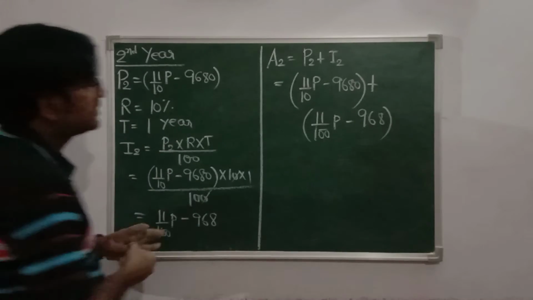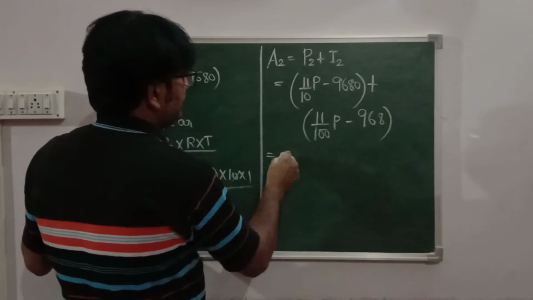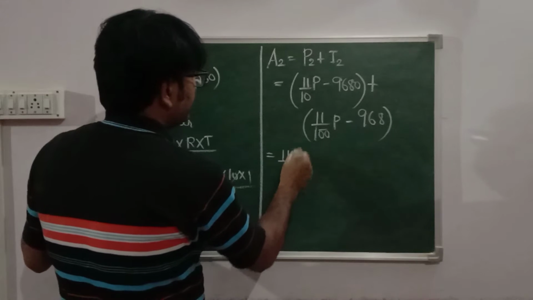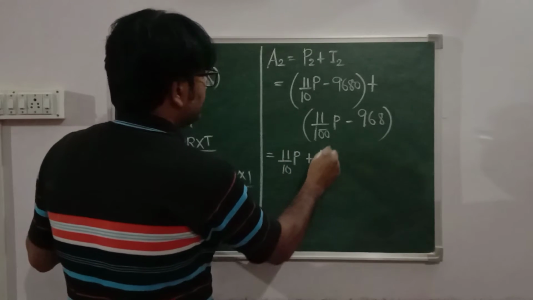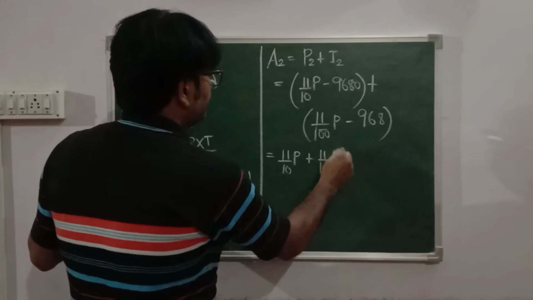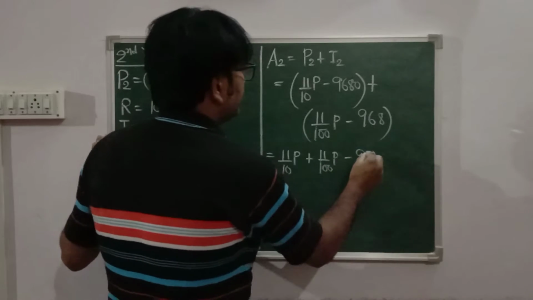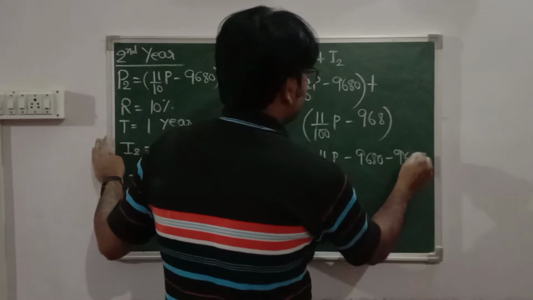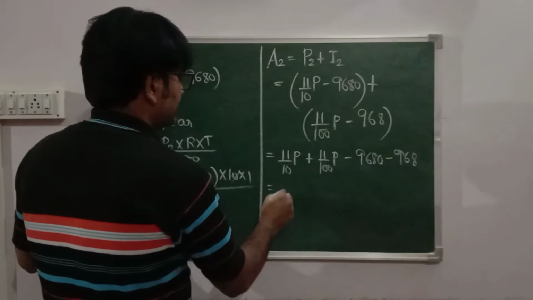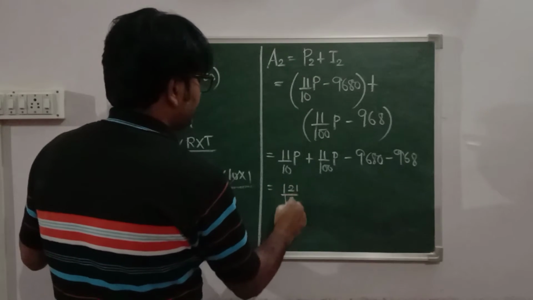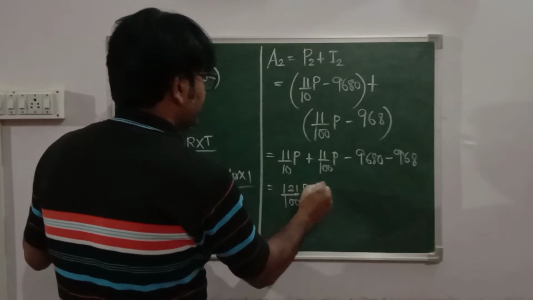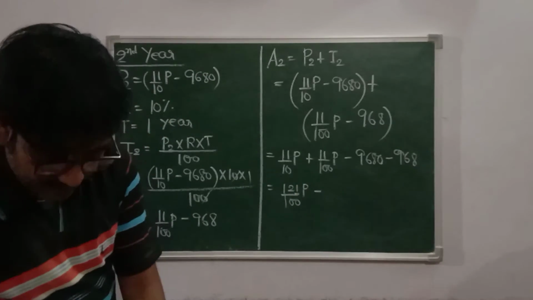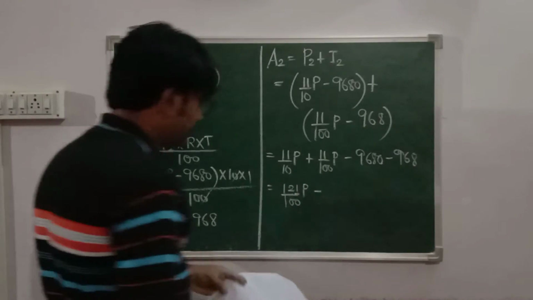Let us solve this question. 11 by 10 P plus 11 by 100 P minus 9680 minus 968. It comes to 121 by 100 P minus 10648.